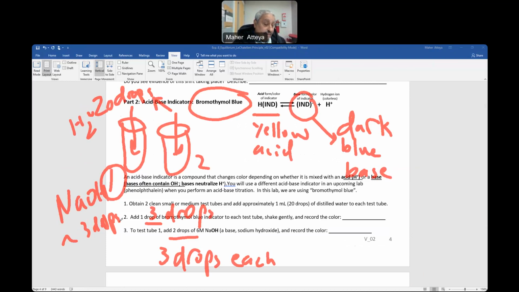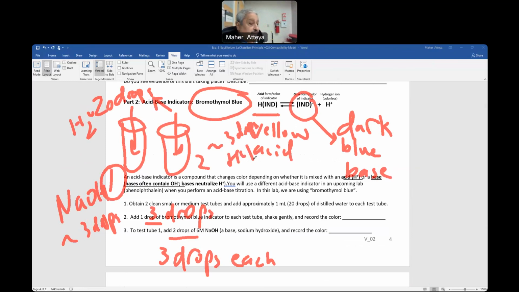Then the second one, we can add about 3 drops of HCl to it. Okay? So what will be the color of this one?